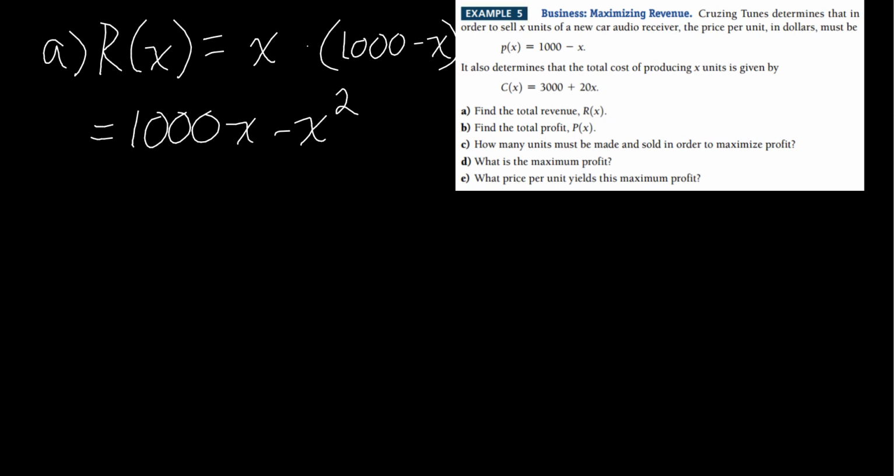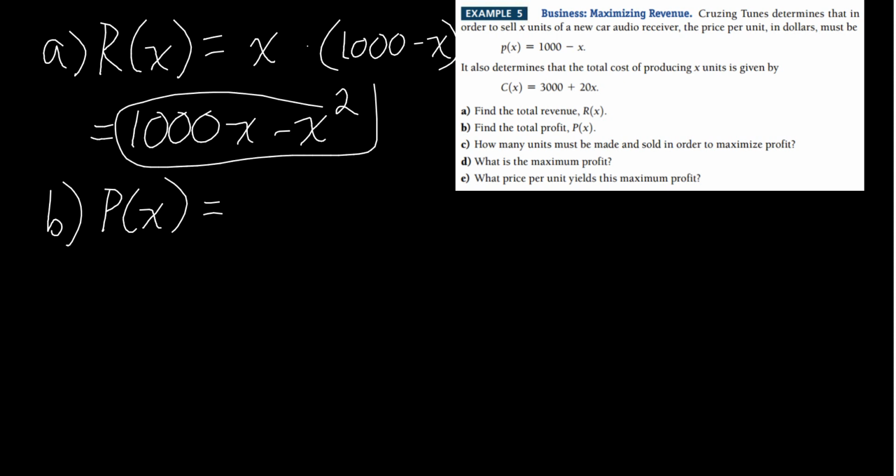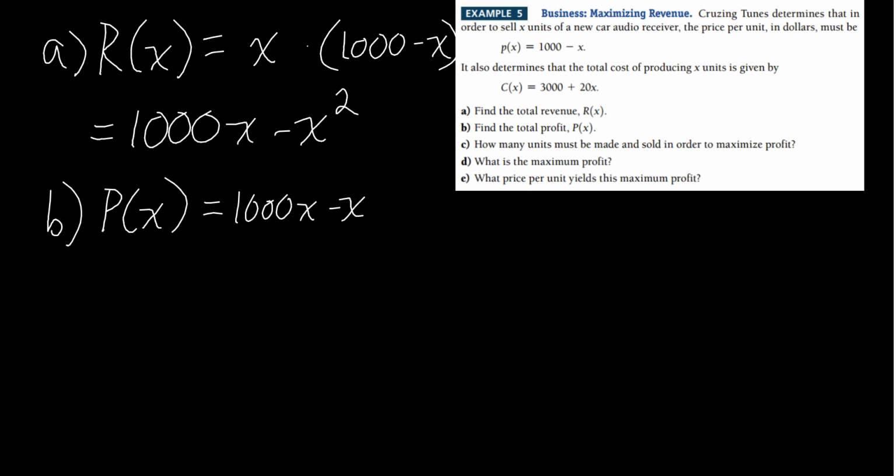Now, next up, we're going to have our total profit. So if above was my revenue, that's how much I make, but we have to take into consideration the cost of producing them, right? So it just makes sense, and it should make sense to you as well, that our profit function is going to be my revenue, which I have up here, minus my cost.